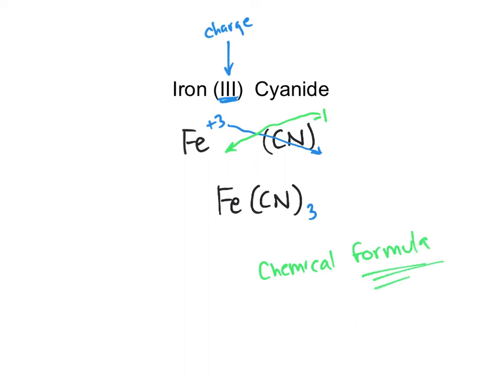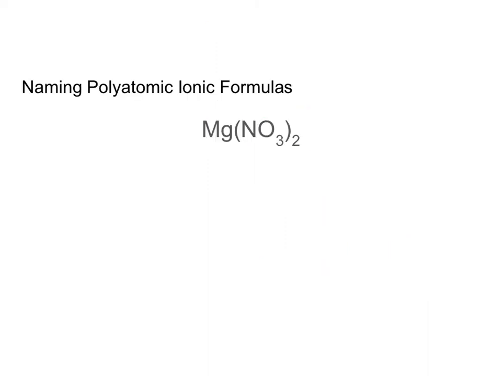Alright, so when I ask for the formula, I'm looking for something like this. I'm not asking for the name, because I already gave that to you, but I'm asking for the formula. Formula has the letters and numbers and stuff, right? Like H2O or CO2. But how do we name polyatomics? Alright, now naming polyatomics is not bad.